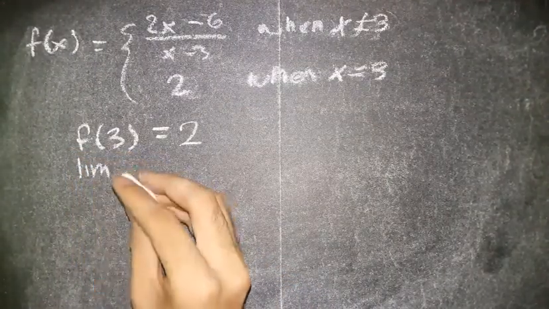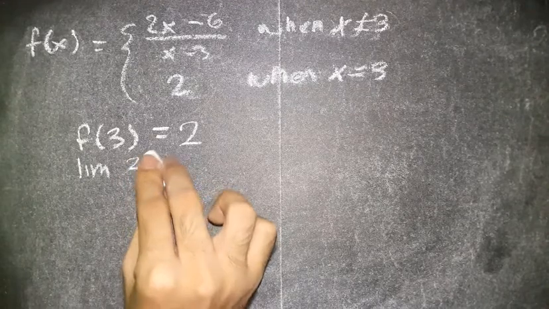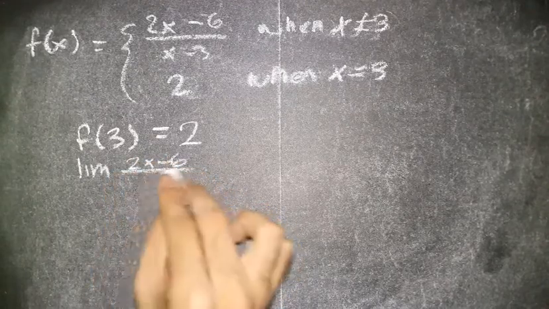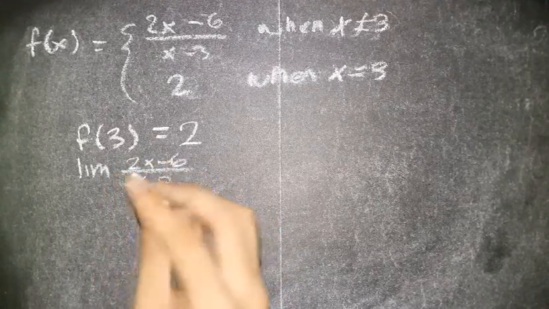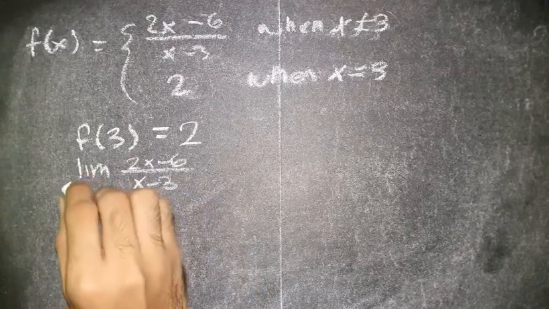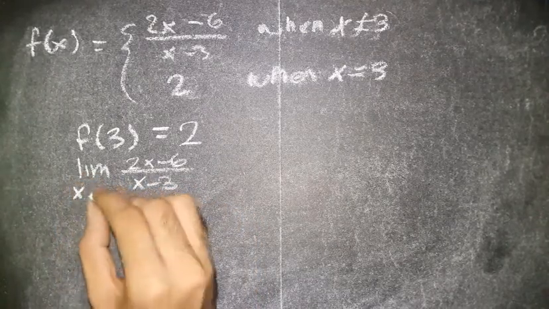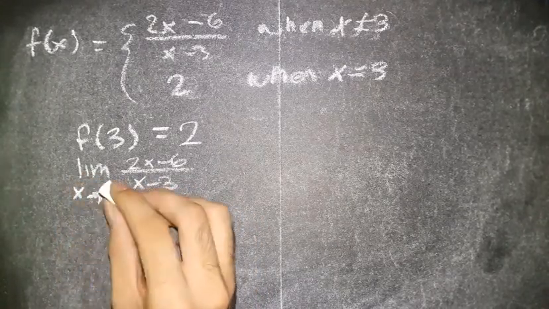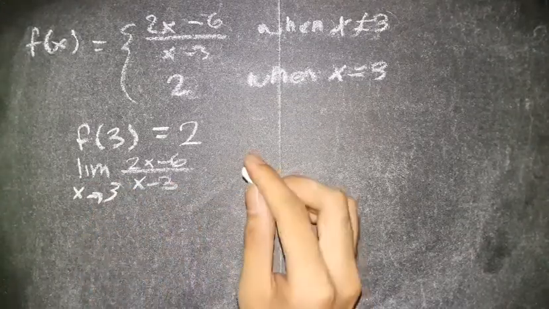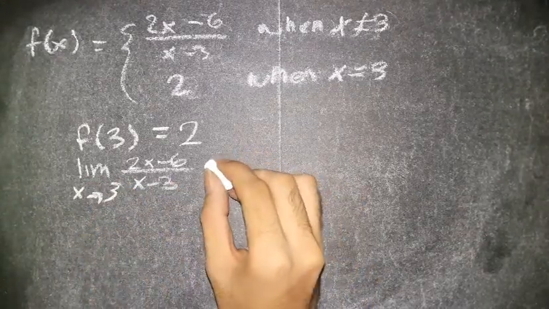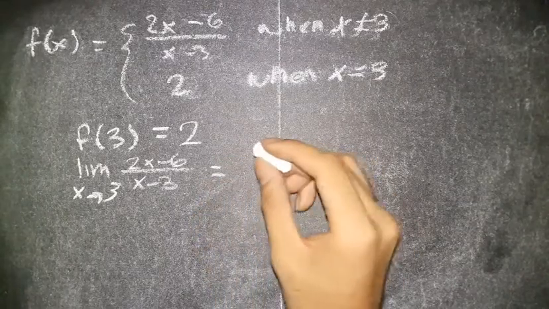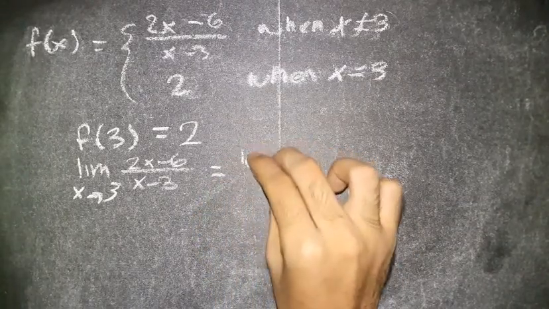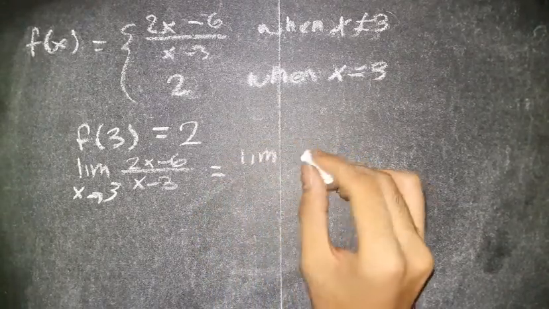To solve for the limit of 2x minus 6 all over x minus 3 as x approaches 3, we need to simplify the limit, because if we simply substitute 3 for x, it will yield undefined. Thus, we need to simplify so that it will yield an answer of 2.